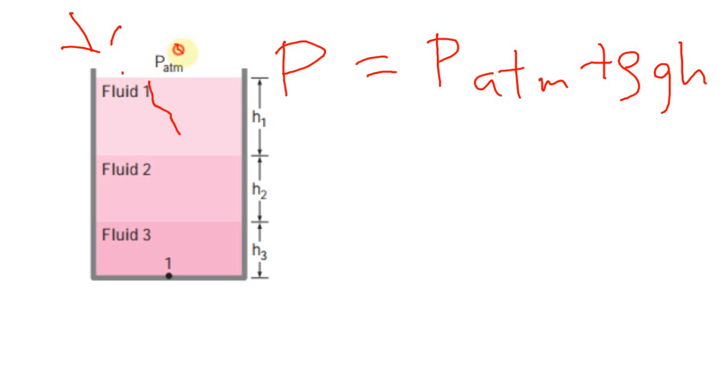So sorry for this poor sketch. Anyway, the pressure distribution is expected to be something like this, so if atmospheric pressure acts on both sides, for example for fluid 1 we will have this kind of pressure distribution.